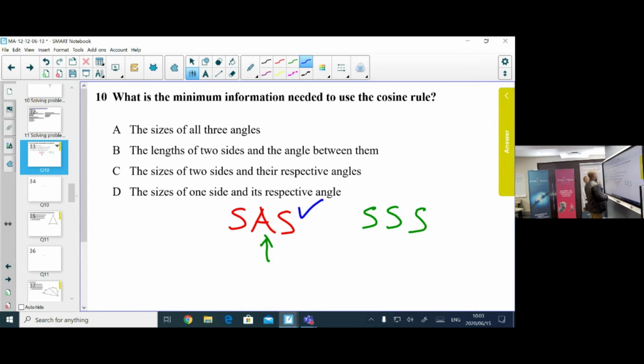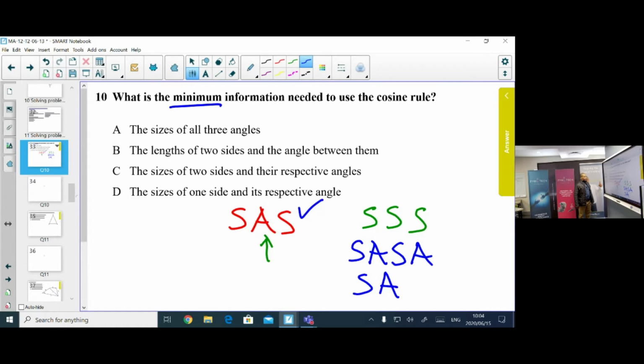C: the sizes of two sides and their respective angles. That's too much information. Remember, we are looking for just the minimum. And D: the size of one side and one respective angle, which is side, angle. That's not enough information to go by in solving a triangle.